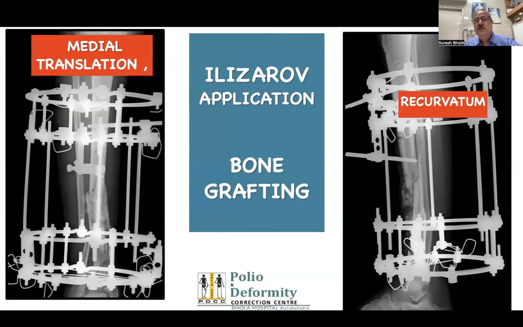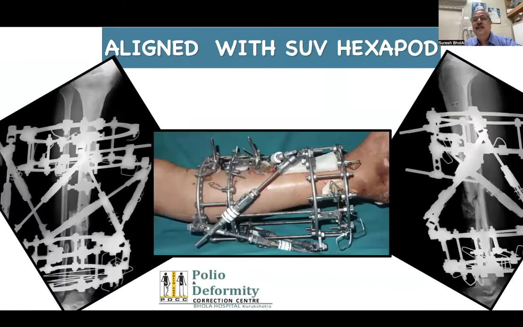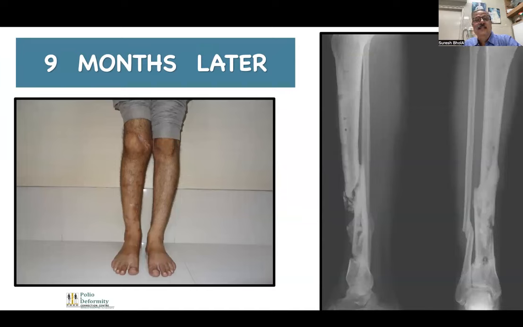We applied Ilizarov, and after that we applied the hinge support and corrected both planes, frontal as well as sagittal. No more angulation, no more translation. These are the results after.